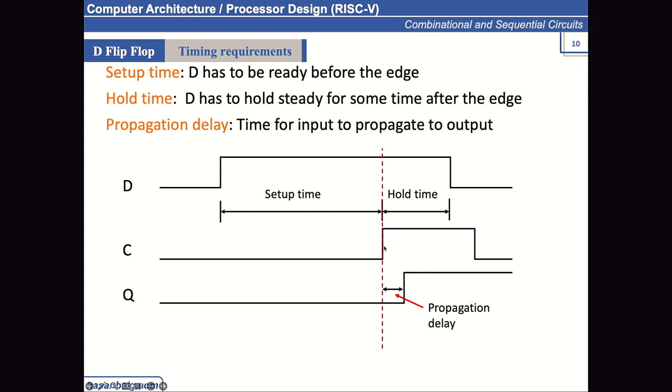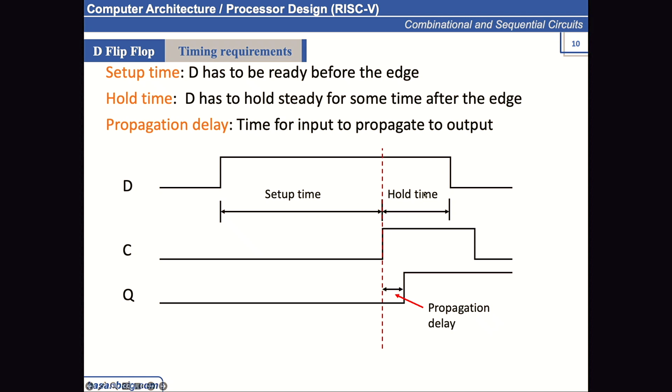Okay? And another thing is, you cannot just provide the data at the positive edge of the clock and instantly remove it. It has to remain there, and that is what we call the hold time. Because if you just remove it immediately, you might not be able to read the data properly. Okay? So setup time is the time which is required for the data to be available before the next positive edge of the clock.